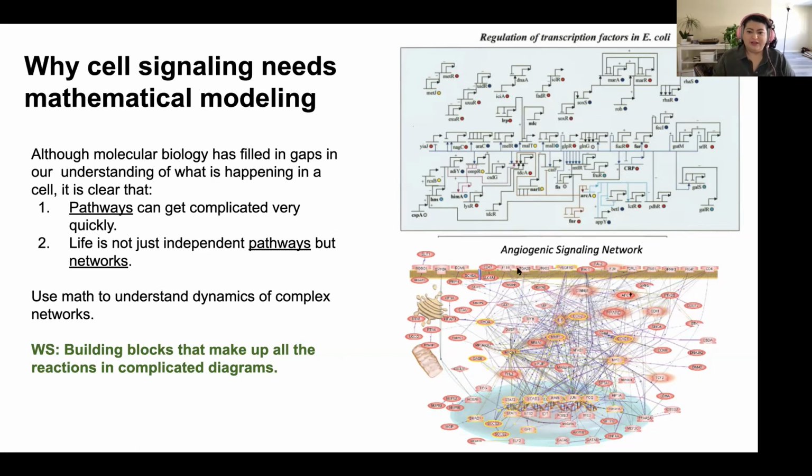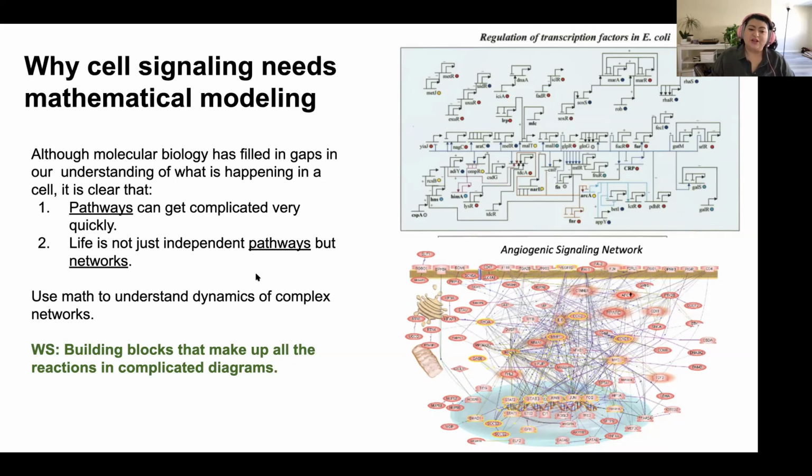For example, in the angiogenic signaling network, you can see all of these connections between different proteins that are complicated to unpack. And two, life is not just single pathways, but a network of different pathways, like the regulation of transcription factors in E. coli, where some of these transcription factors are regulated by different pathways depending on the pathway that you take. So we can use math to understand the dynamics of these complex networks.